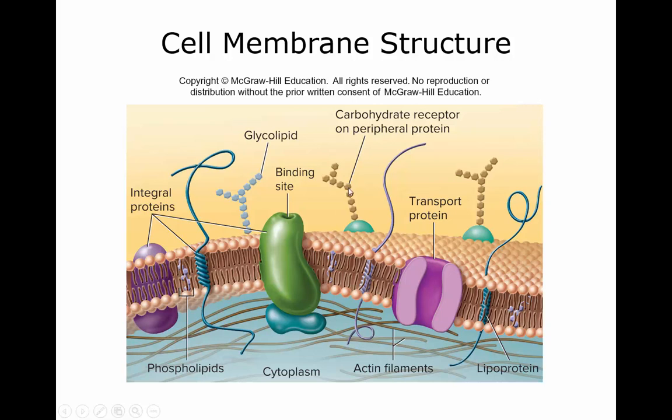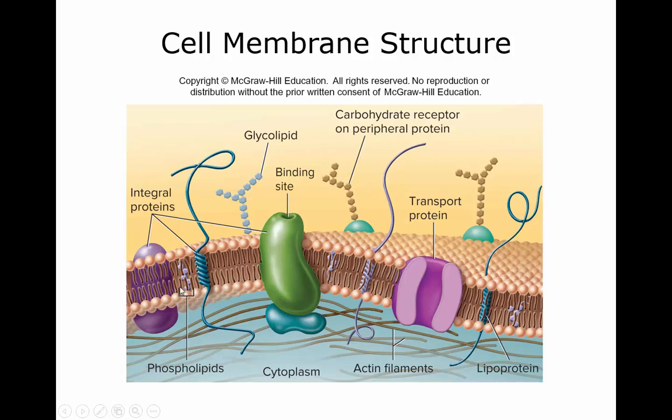And this is just a reminder of what it looks like. You see the phospholipid heads and tails, and it's a double layer that you have here. You've got all these proteins, this purple and this green and this lighter colored purple and that blue over there. Those are all proteins that are embedded in the membrane that help things move back and forth across.